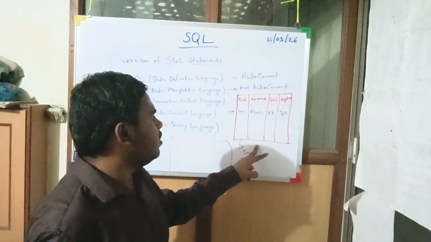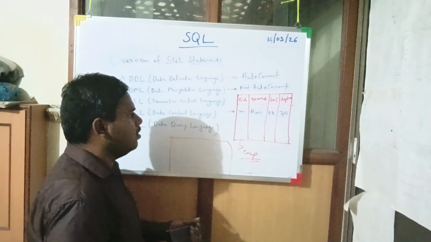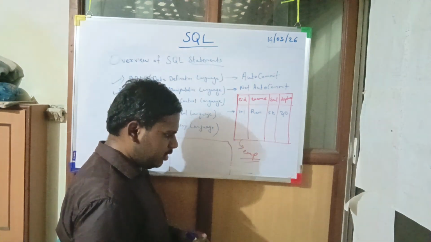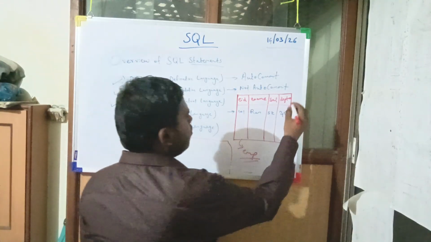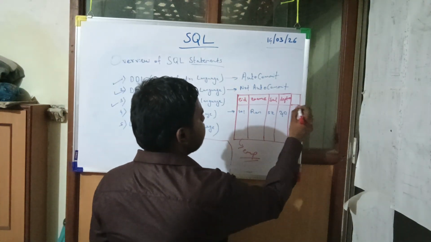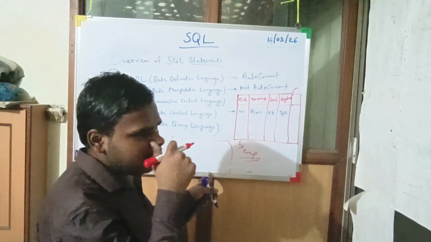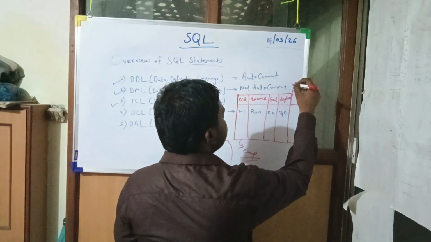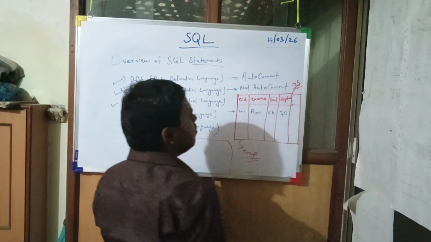HR is interested in employee name and employee salary. Suppose one more column is given: marital status, MS in short form.